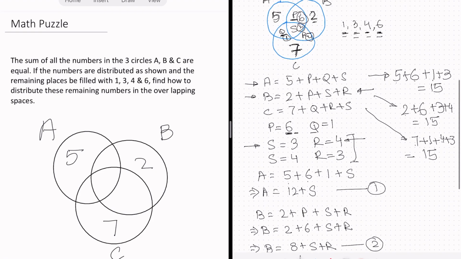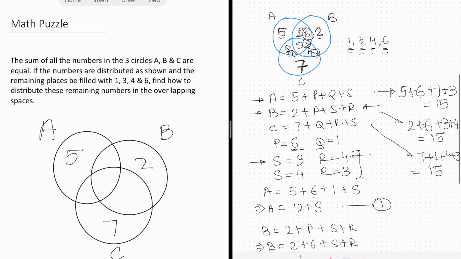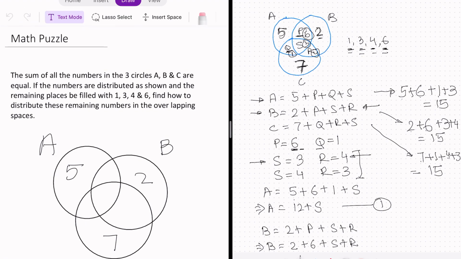So the logical way in which we moved ahead to solve this problem seems to have worked out for us. Let's put the numbers here: we have 6 here, we have 3 here, we have 1 in this place, and we have 4.